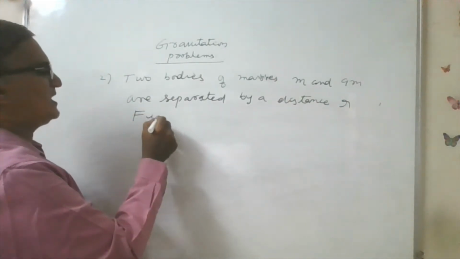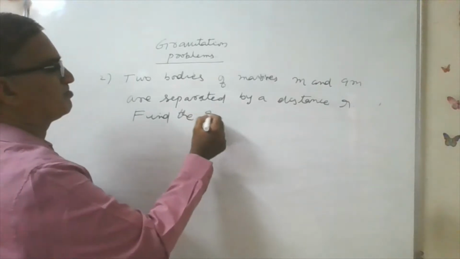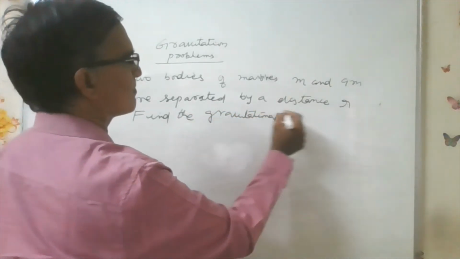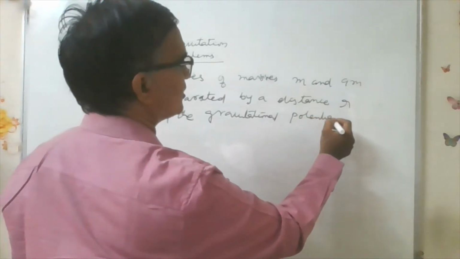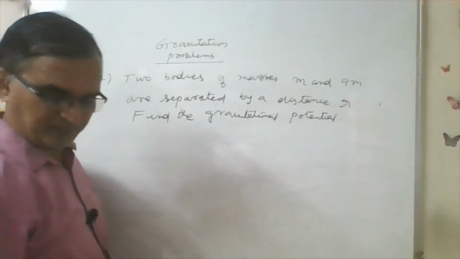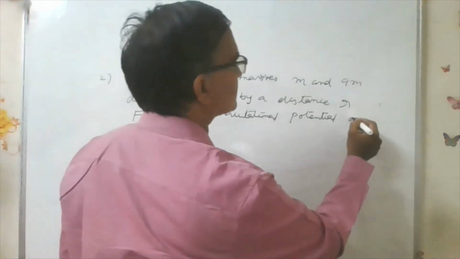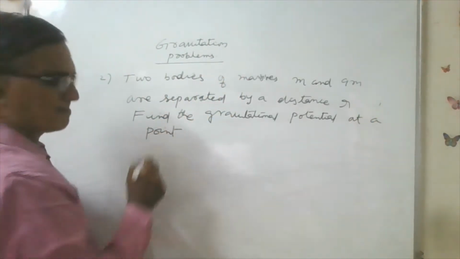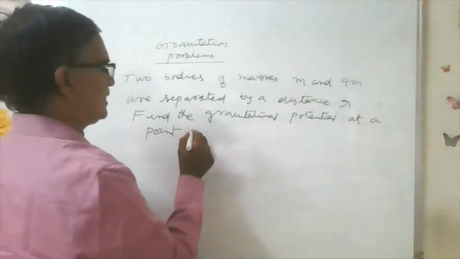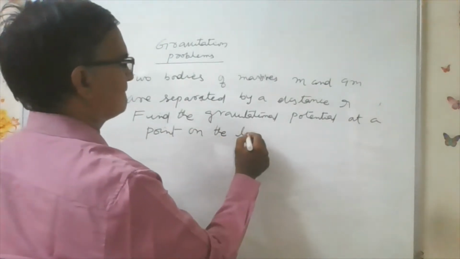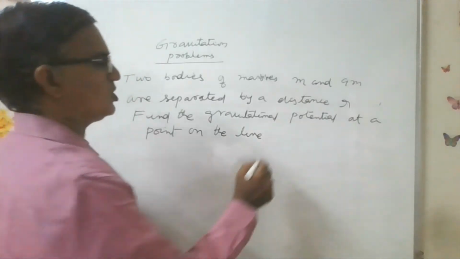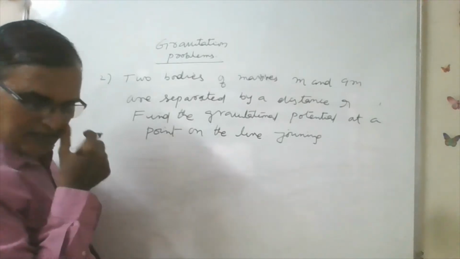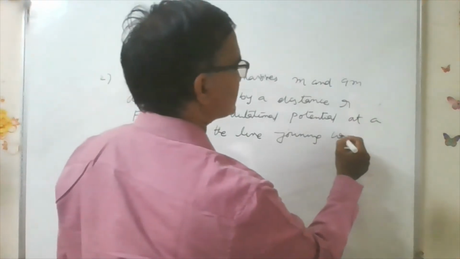Find the gravitational potential at a point on the line joining them where the gravitational field is zero.